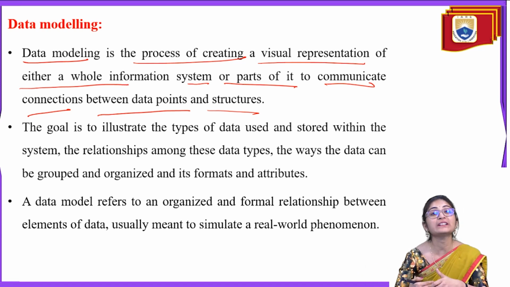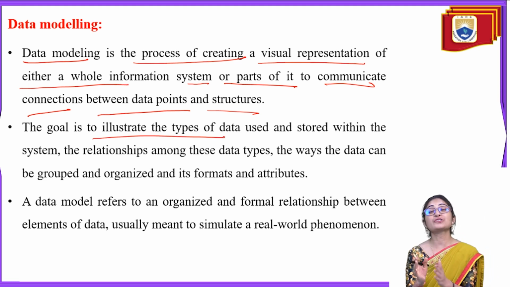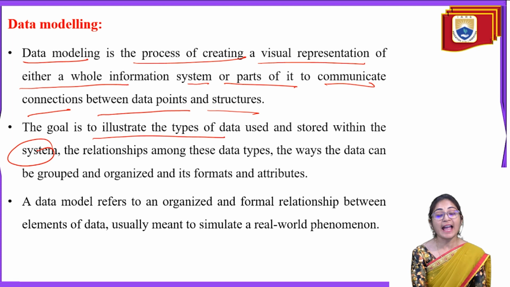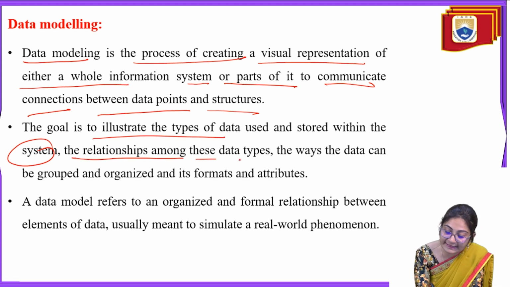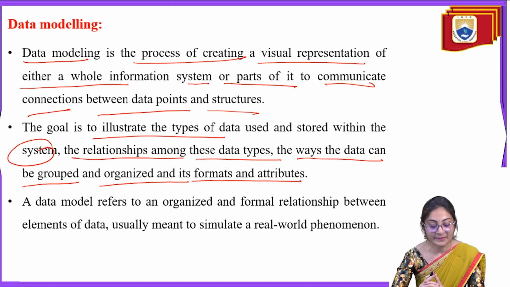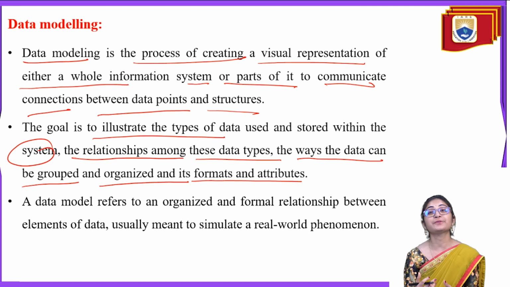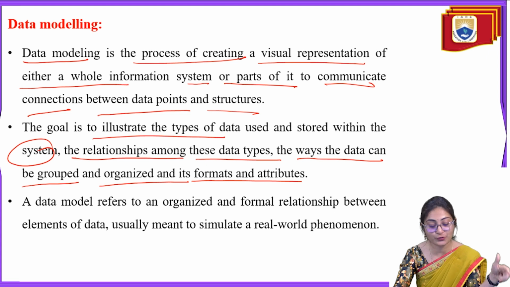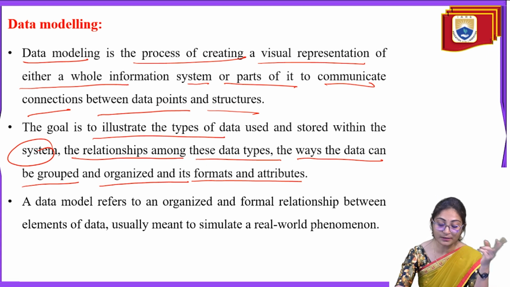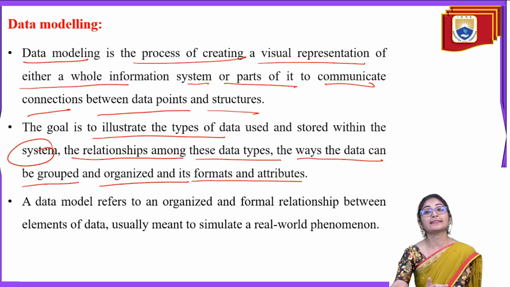And the main goal of data modeling is to illustrate the types of data which are used and stored within the system, the relationships among these data types, the ways the data can be grouped and organized, and its formats and attributes. So here, the main goal of data modeling is to illustrate the different types of data which we will use and store within the system, and to recognize the relationship among the data types also.